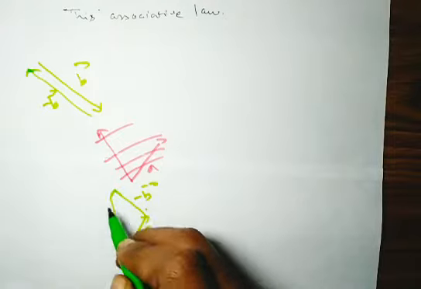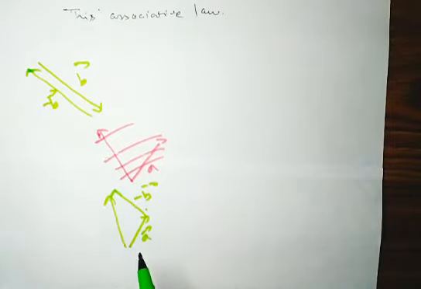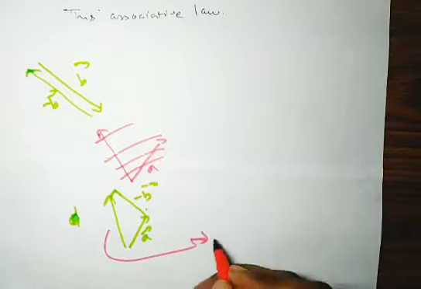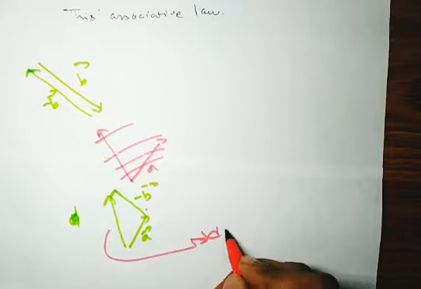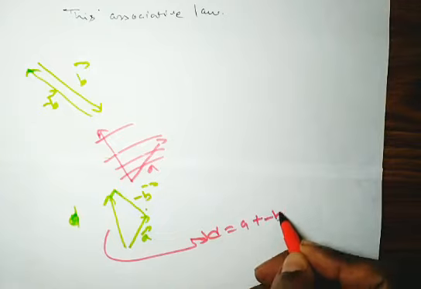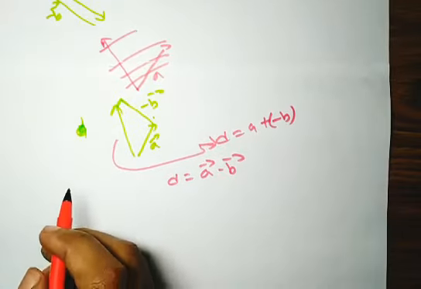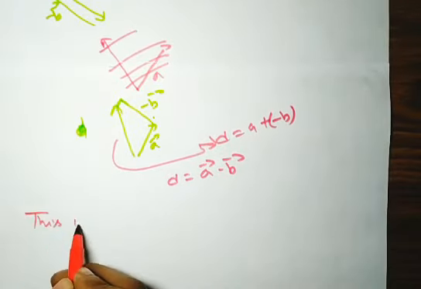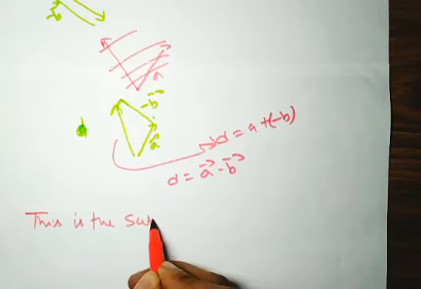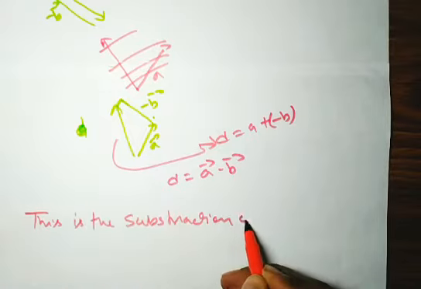So the resultant vector will be D, or we can say the displacement will be here. Displacement D equals A plus minus B, or we can say D equals A minus B. This is the subtraction of vectors.